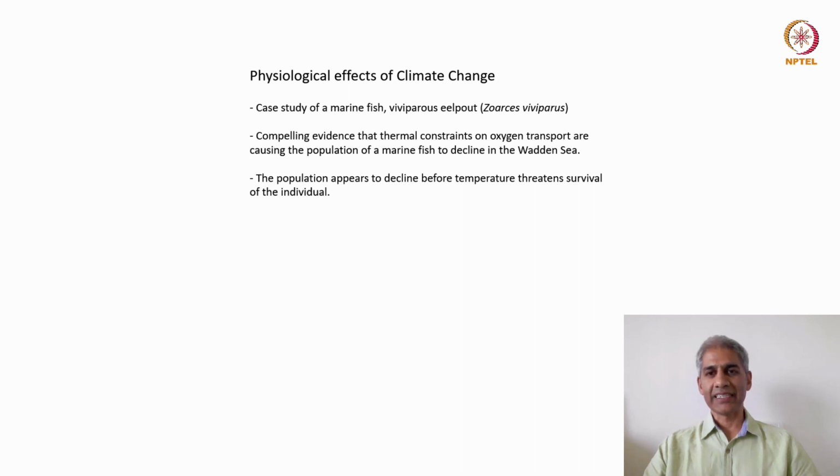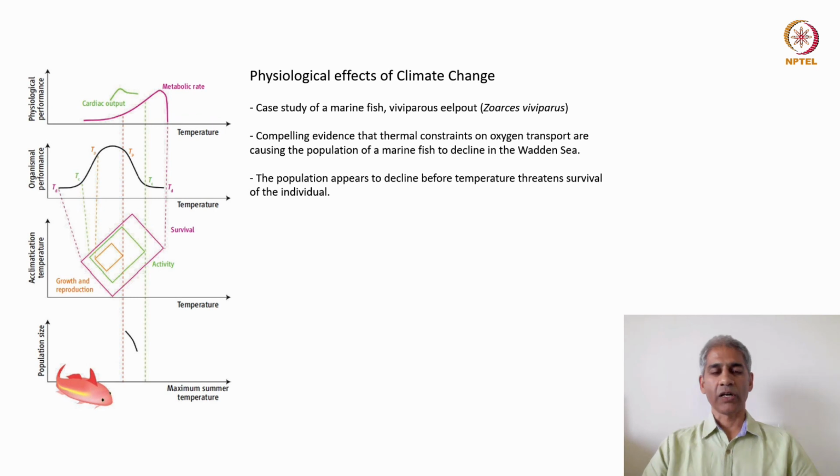And the interesting thing was that even though the temperature increase which was seen did not threaten the survival of the fish, the population still declined. This was thought to be because the temperature increase is now affecting the growth and reproduction of this fish, which has a smaller optimal temperature window in which this can happen, which is shown in these graphs.